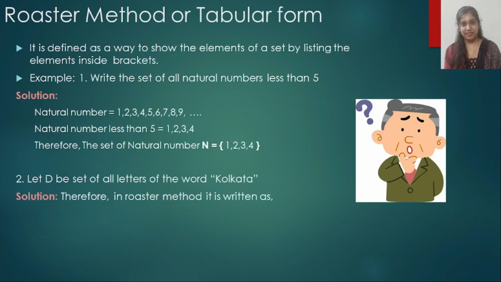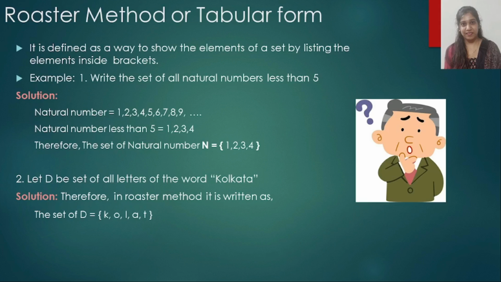Okay children? Let us see one more example. Let D be the set of all letters of the word Kolkata. Now how will you write this in the roster method? The set D equals {K, O, L, A, T}.